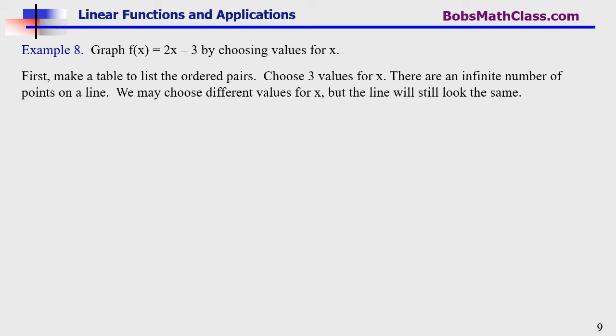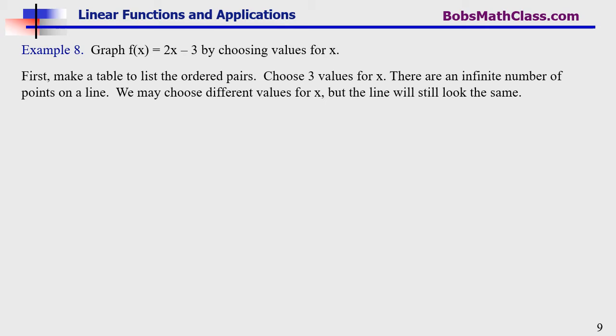Because then if they all line up, you can feel confident that everything's correct. If you choose two coordinates and you graph it and one of them's wrong, you will not know it's wrong. But if you have 3 coordinates and they don't line up, then you know you've made a mistake. So that's why we usually want 3 values.